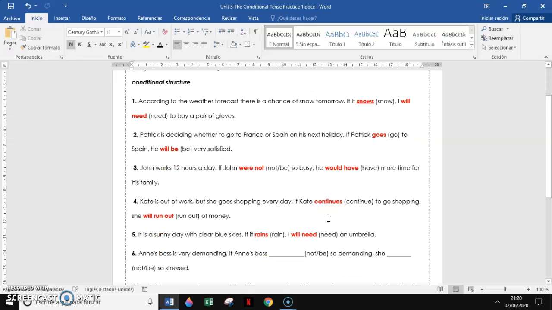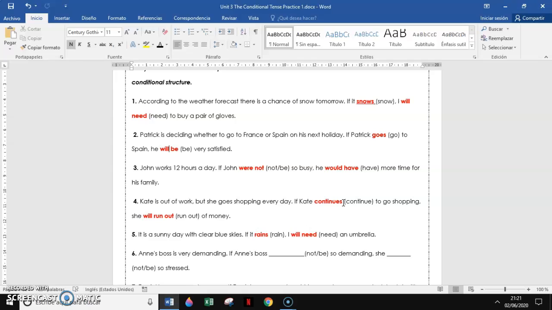Number 4, Kate is out of work, but she goes shopping every day. If Kate continues to go shopping, she will run out of money. Is this a real situation? Is this a hypothetical situation? Is it an imaginary situation? Study the situation. Analyze the sentence.